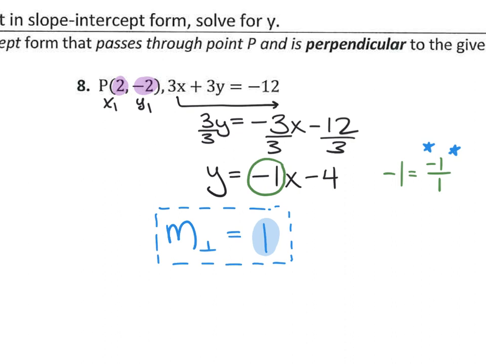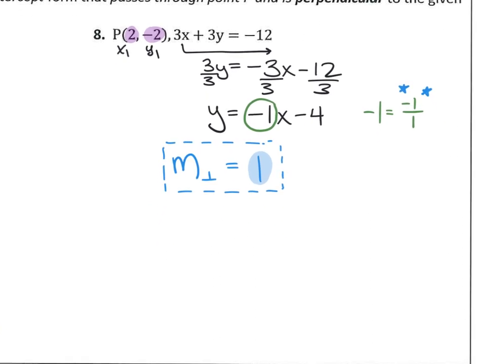From here on out, it's exactly like the problem on the front of the page that we were really good at. So we take the highlighted numbers, the things we've labeled, and we plug it in. This would be y minus negative 2 equal to m, the perpendicular m, times x minus x1.